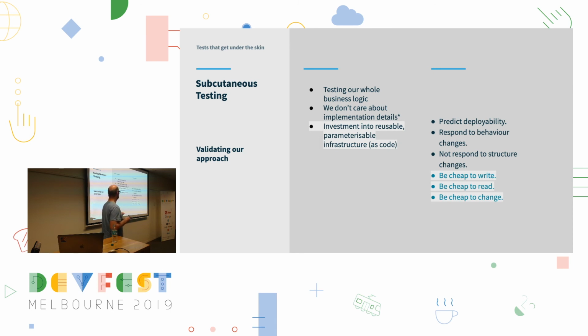We invest in reusable infrastructure as code, which means we can do refactorings on this. If our network response has a new parameter, this is all done in code, not in configuration. That makes them quite cheap to write, to read, and to change, we find.